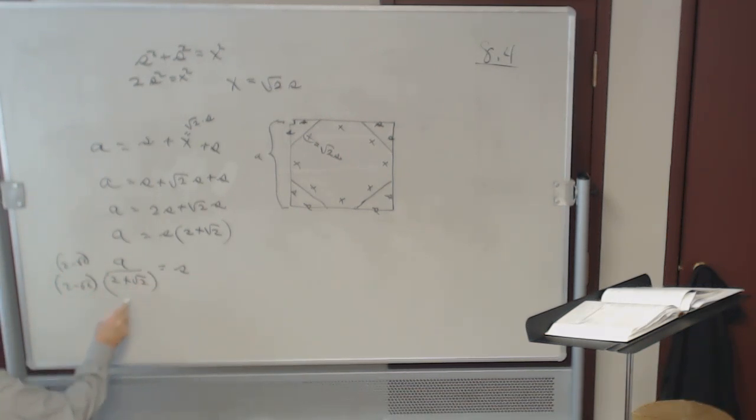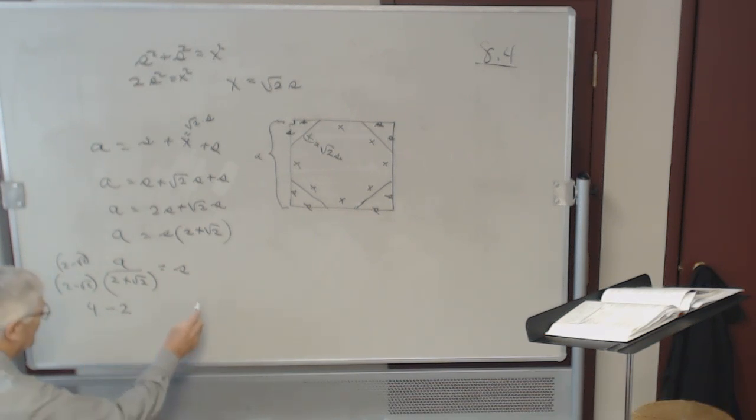And when you did this, you get 4 minus 2. So now we end up with A over 2 times 2 minus the square root of 2 equals S.